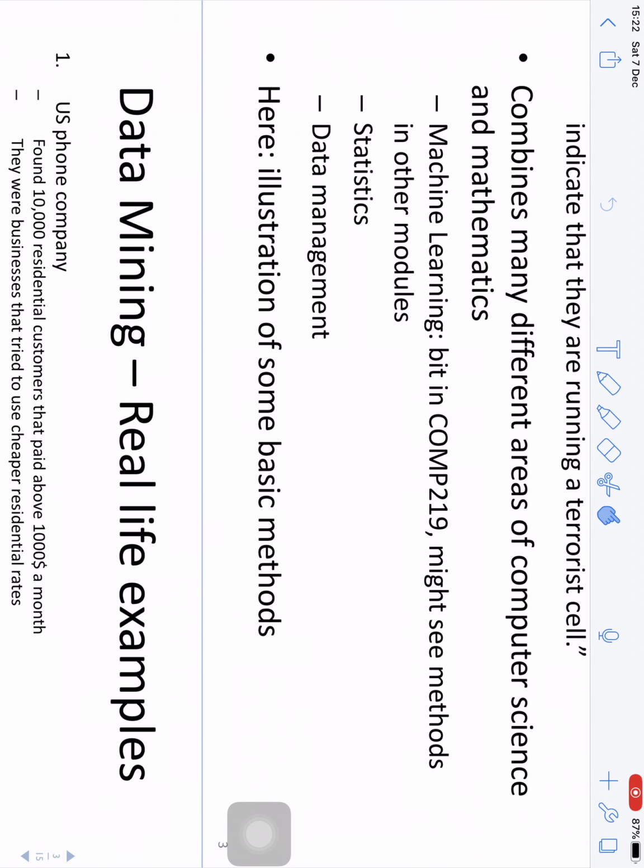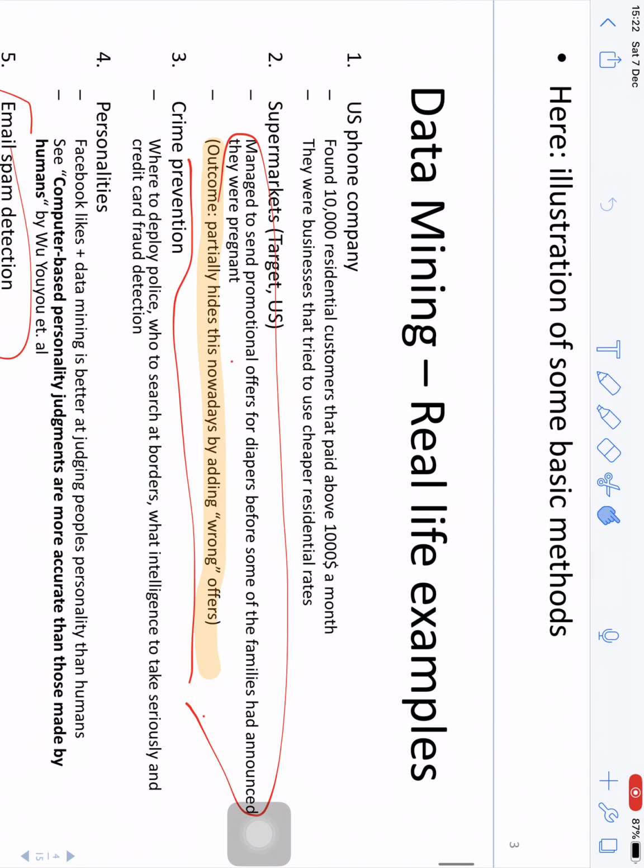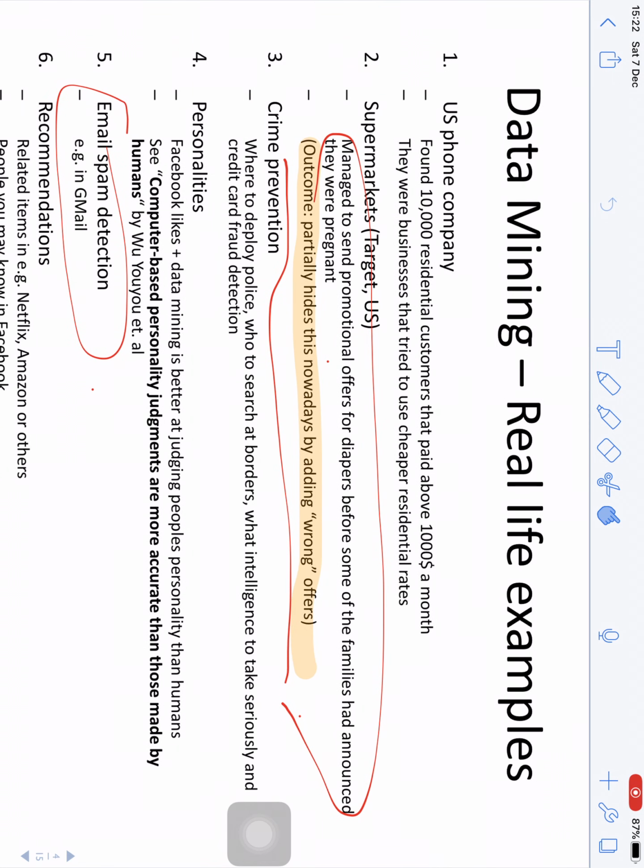Data mining combines many areas of computer science and mathematics, such as machine learning, statistics and data management. Here we are going to illustrate some of the basic methods. A real-life example is supermarkets that can send promotions for diapers before families have announced that they are pregnant.